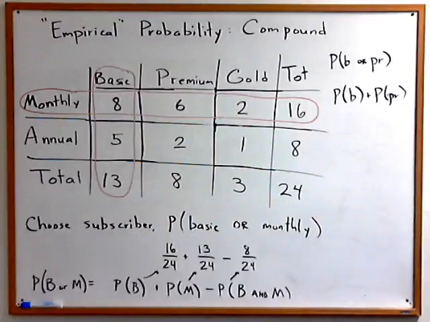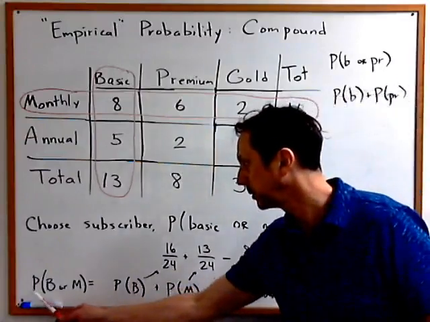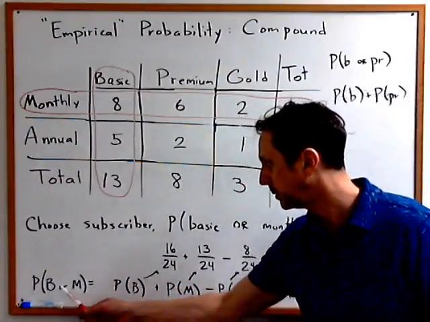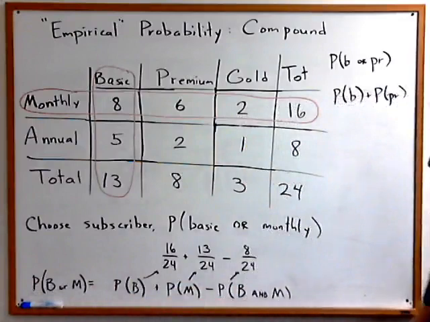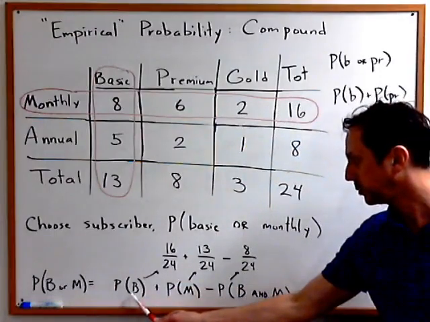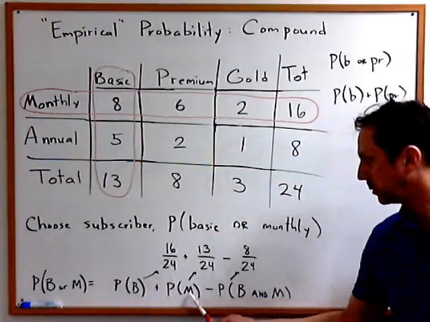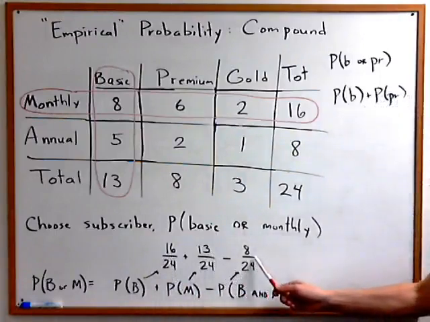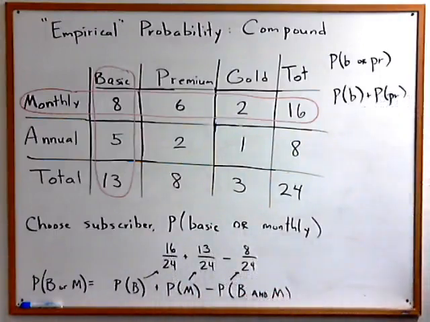So that gives us the full formula for or. The correct formula for the probability of B or M, basic or monthly, is that we add the probability of basic plus the probability of monthly, but then we have to subtract the probability of being basic and monthly.